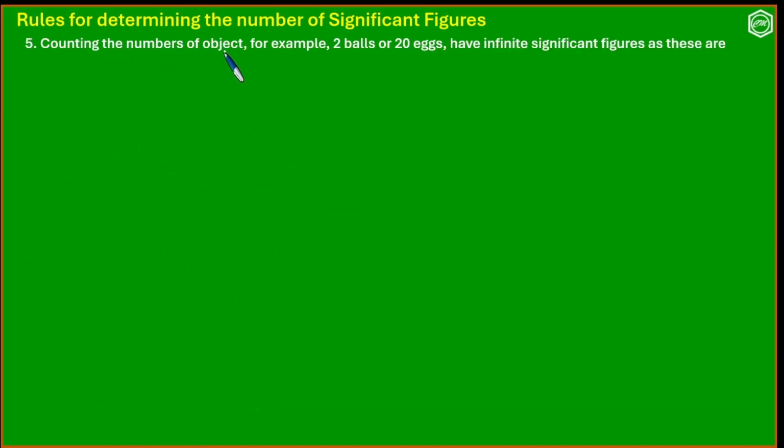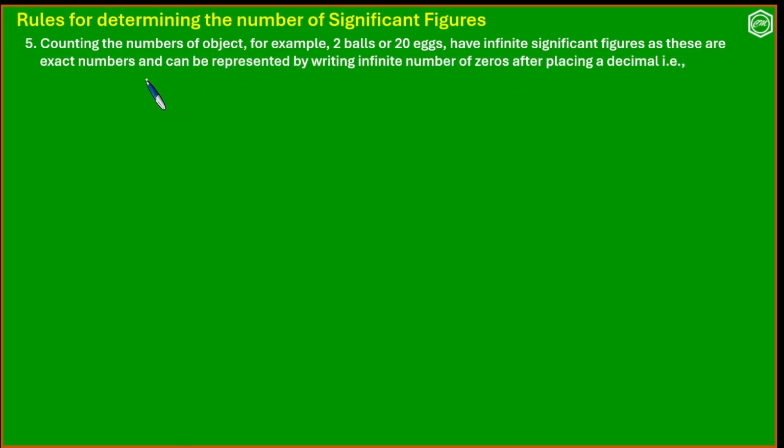Counting the number of objects, for example, 2 balls or 20 eggs, have infinite significant figures, as these are exact numbers and can be represented by writing infinite number of zeros after placing a decimal.